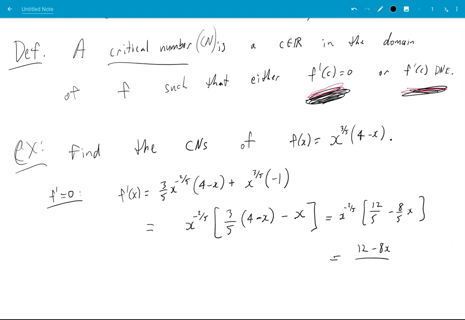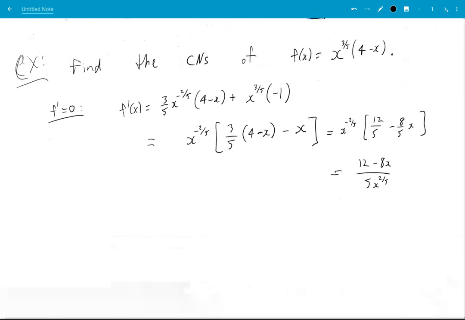So I should say factor. And we have 5x to the 2/5. Okay, 4 can come out: 4 times (3 minus 2x) all over 5x to the 2/5. Let's double check that I didn't butcher that. Looks good.